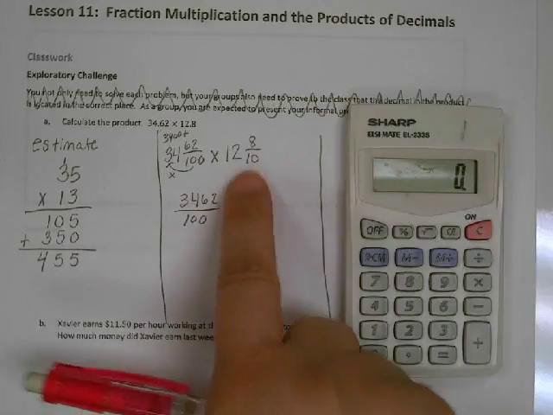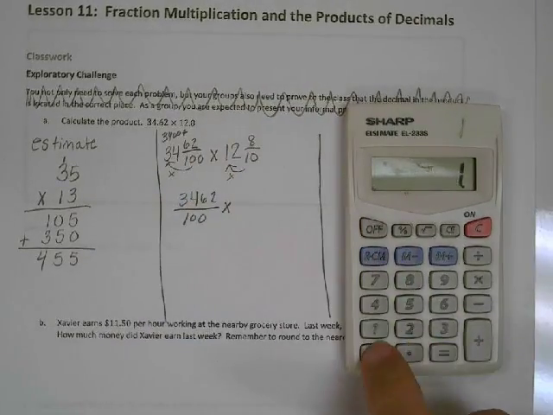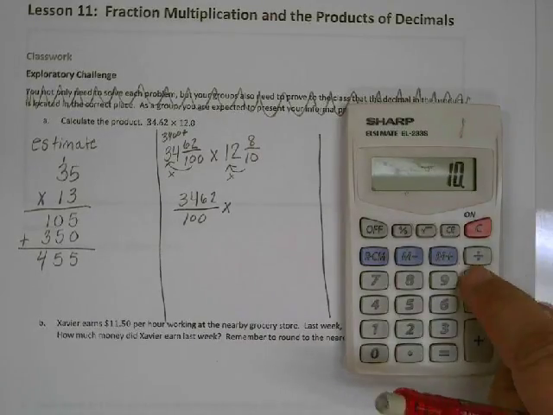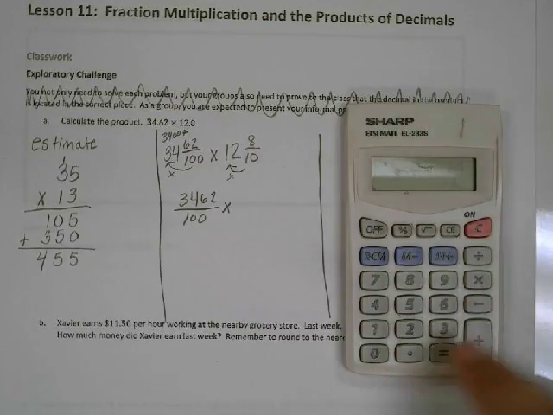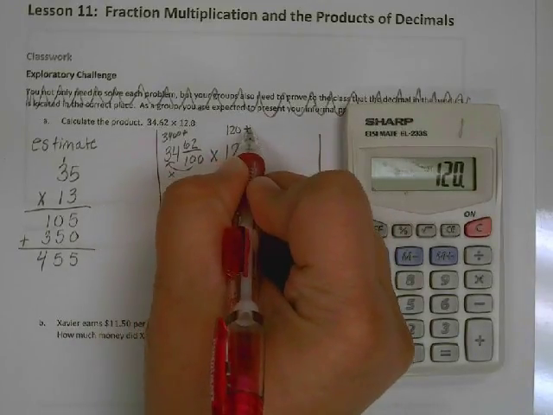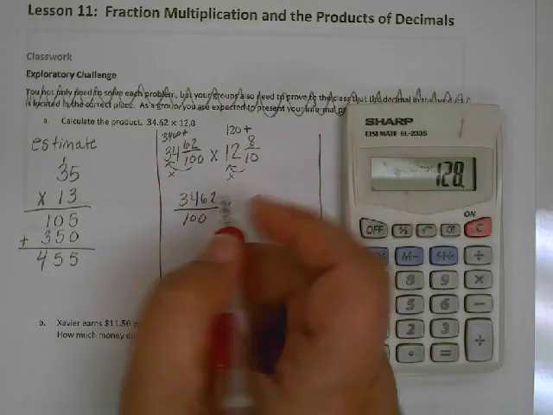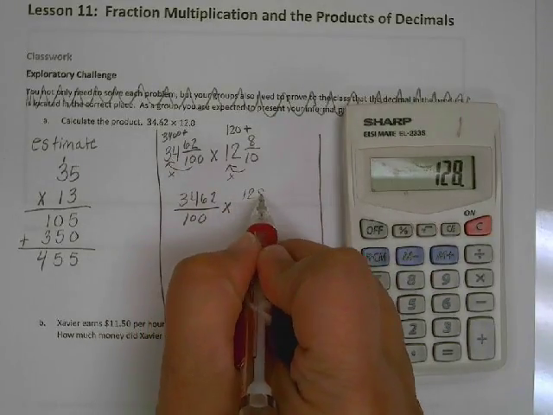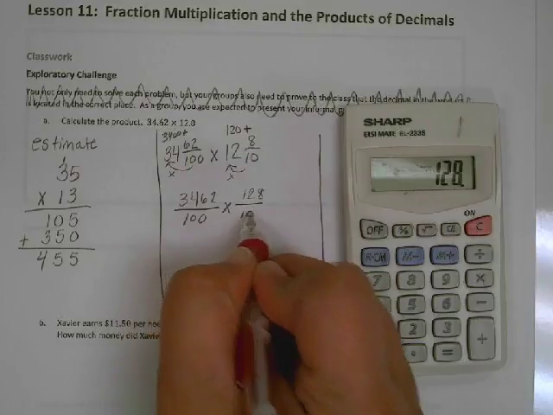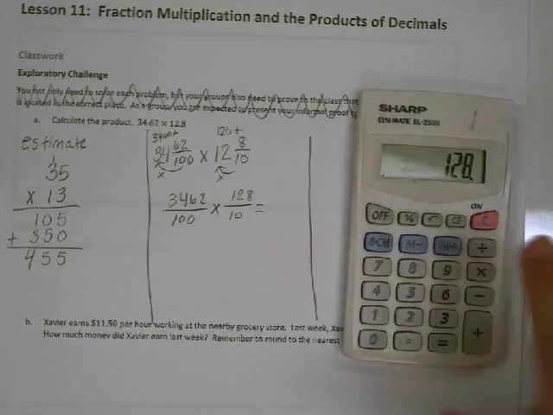Now I'm going to turn this one. So remember, I'm going to multiply first. So 10 times 12 equals 120. And then I'm going to add in my 8 equals 128 over 10. So now I'm going to multiply straight across.